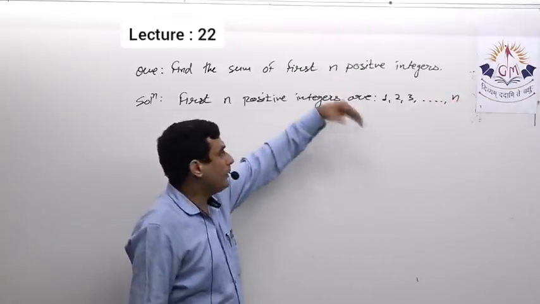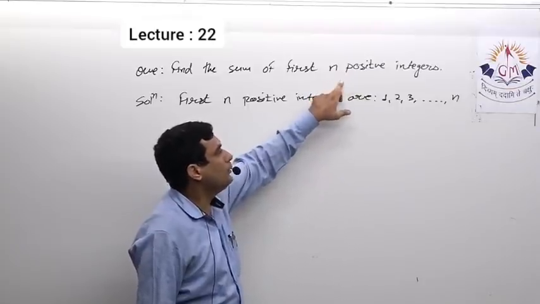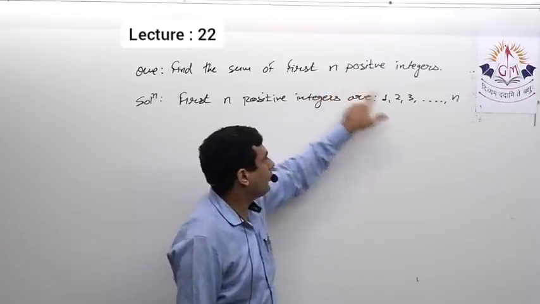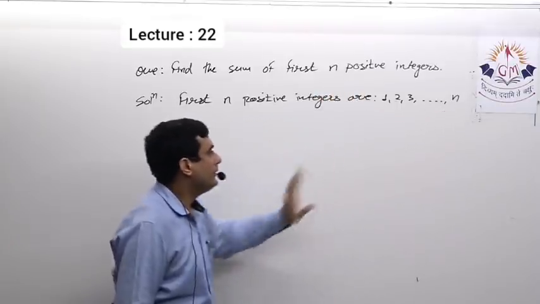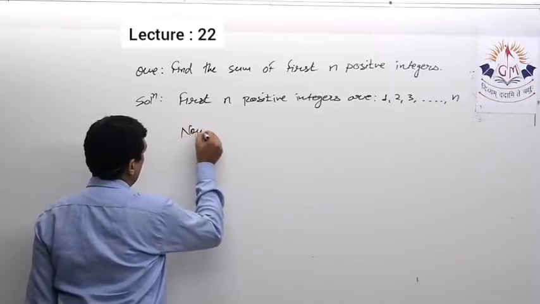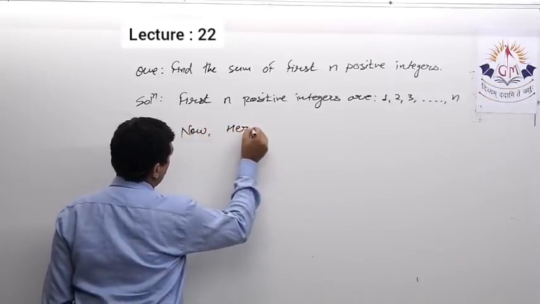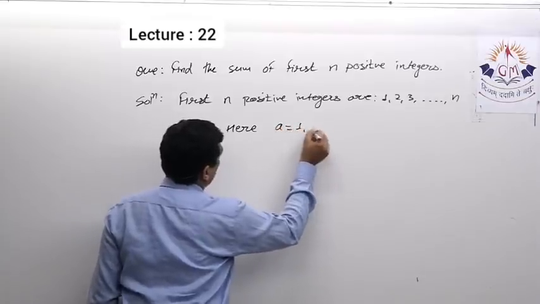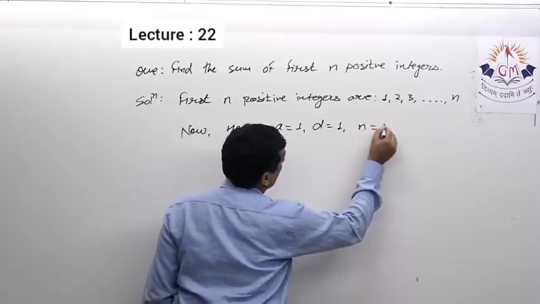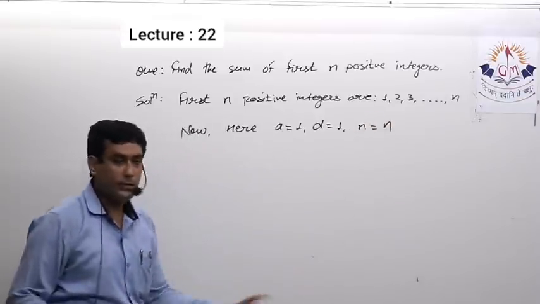As per the previous question, over there it was 1000, might be 10,000, might be 700, but here they are n positive integers, so the last integer will be n, the nth integer. Now here a is equal to 1, d is equal to 1, and n is equal to n. Okay, the nth term is n itself.